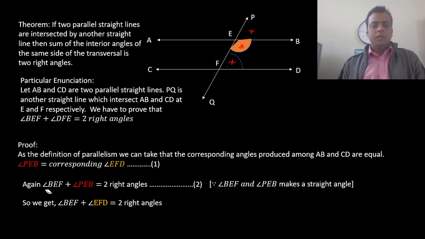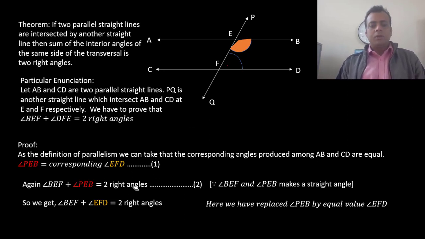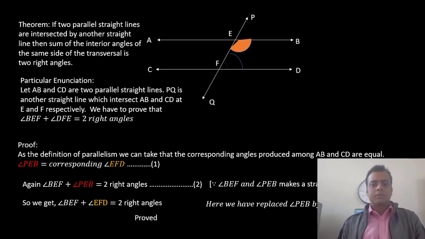So if BEF plus PEB is equal to two right angles, then BEF plus EFD is also equal to two right angles. If x plus y here is two right angles, then this x plus y is also two right angles. This is the concept of this theorem. What we have done here is replace angle PEB by the equal angle EFD. So here comes the proof.